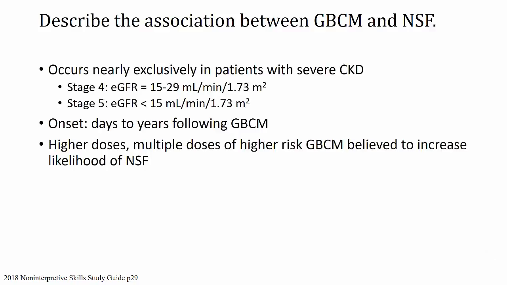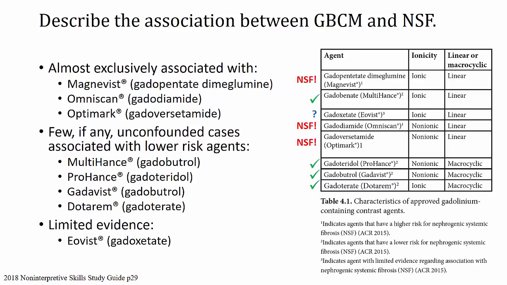Well, NSF occurs nearly exclusively in patients with severe chronic kidney disease, either at a stage 4 with a GFR of 15 to 29 or a stage 5 with a GFR of less than 15. And the onset may be days to years following the administration of gadolinium. Higher doses and multiple doses of higher risk gadolinium-based contrast media are believed to increase the likelihood of nephrogenic systemic fibrosis.